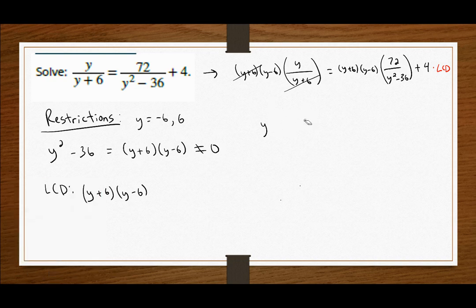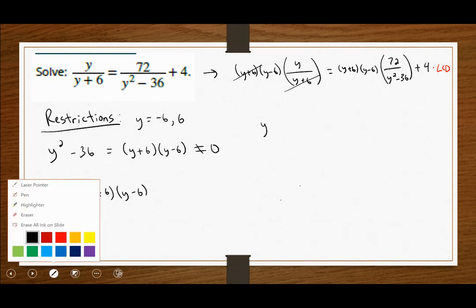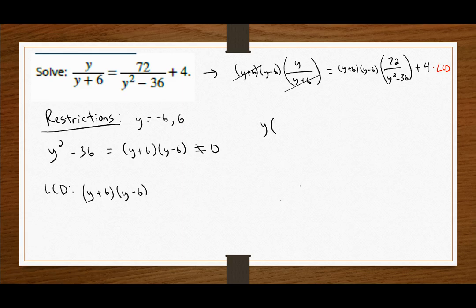So I still have to multiply these together, but that is all that I'm left with. On the other side, y squared minus 36 actually factors to give me both of these terms, and so they cancel each other out entirely, leaving me with just the numeric value 72. And of course, my LCD was the product y squared minus 36.